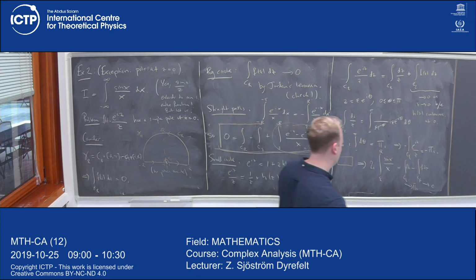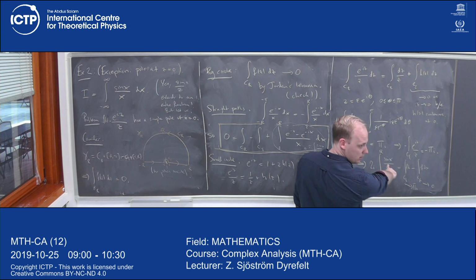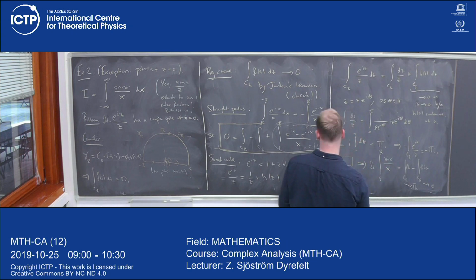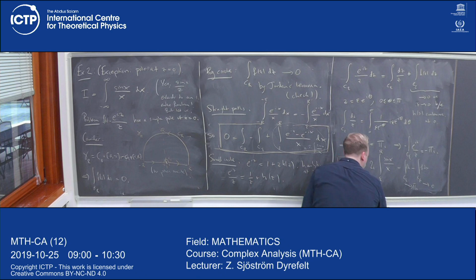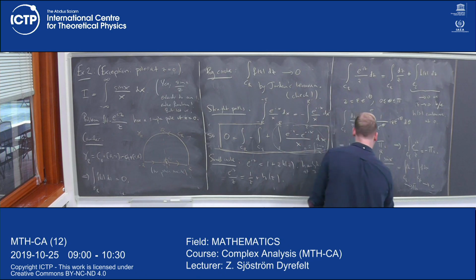So in the limit, 2i times whatever we want tends to pi i. So this implies that the integral from 0 to infinity of sin x over x dx is equal to pi i over 2i, which is pi over 2.